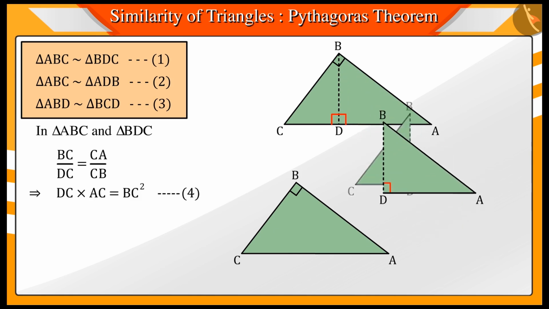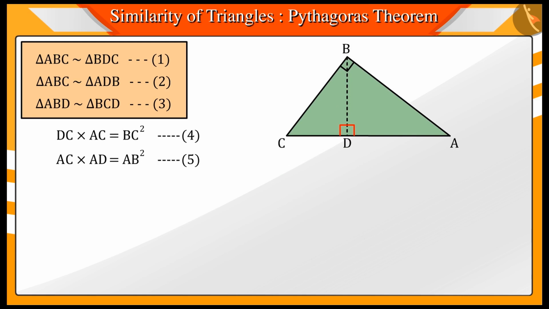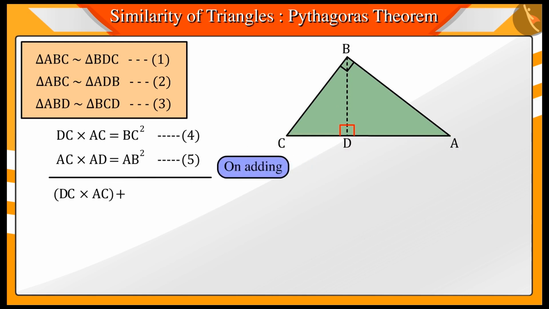Similarly, with the help of equation 2, we get AC times AD equal to AB square, which we can show from equation 5. Now if you add equation 4 and 5, we get DC times AC plus AC times AD equals BC square plus AB square.